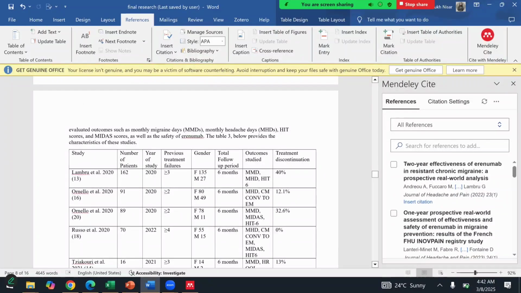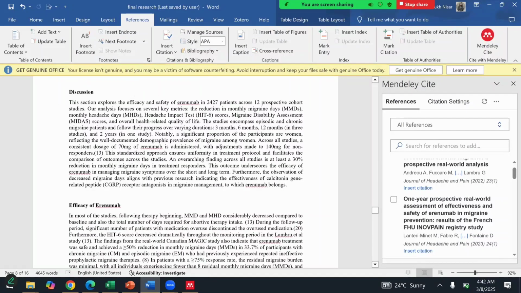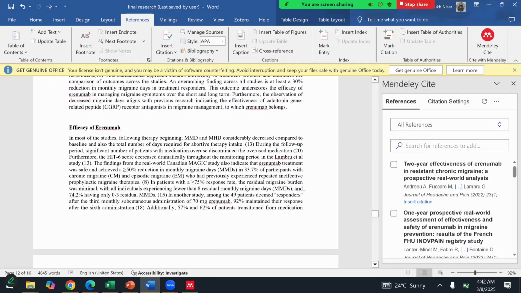So for example, let's go to the discussion section. For example, you took this line that MMD and MSD decreased compared to baseline. And also the total number of days required for body therapy intake were decreased. And you took this from this article.